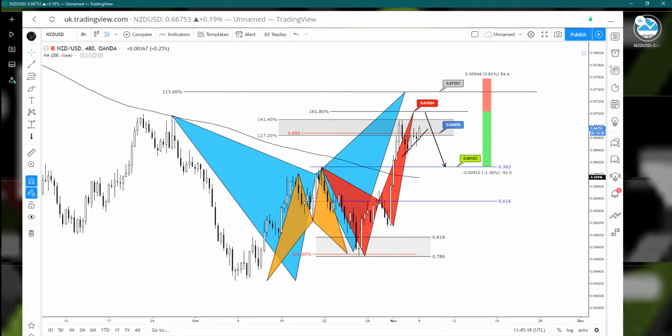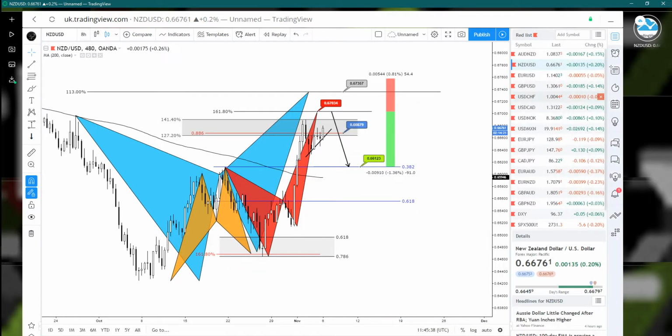So New Zealand versus dollar, I will try this crab pattern positioned at 0.67. So this is my level for potential short the market on New Zealand.